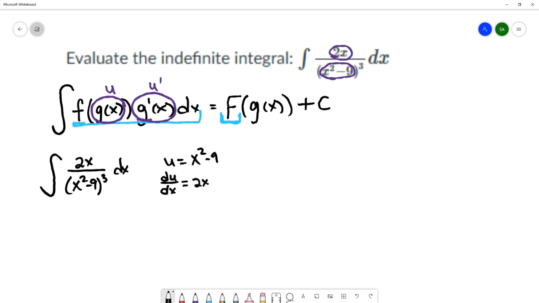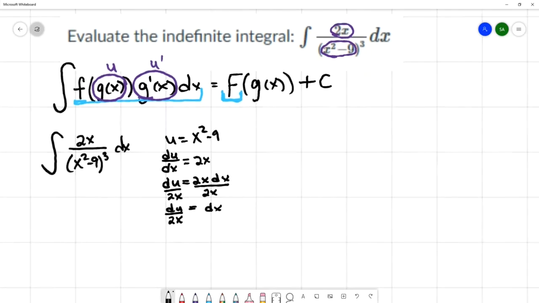I'm going to make this substitution. I'm going to change the x's to u's, and I also need to change the dx to du. So I'm going to rearrange this, multiplying by dx on both sides, that's du equals 2x dx, and dividing by 2x on both sides gives me dx equals du over 2x.